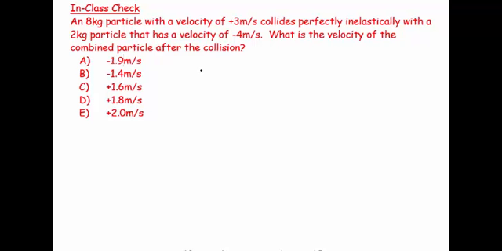So if I visualize this, I have 8 kilograms, and this is traveling to the right at plus 3 meters per second, and then this collides with a 2 kilogram body that has a velocity of minus 4 meters per second.